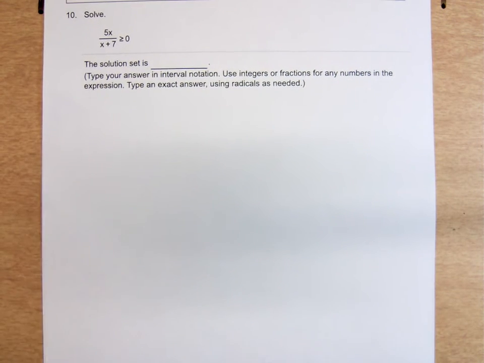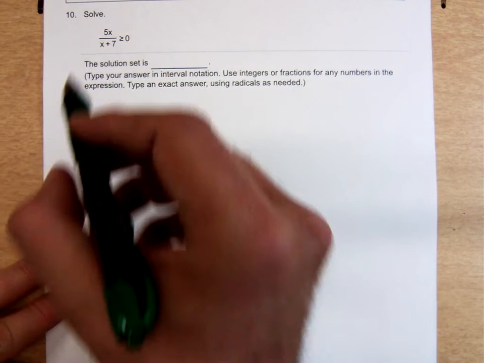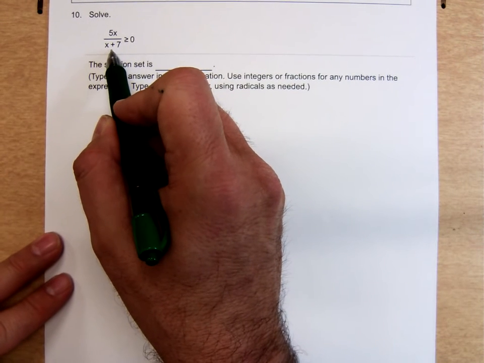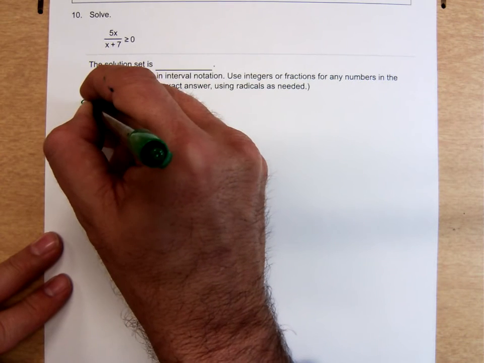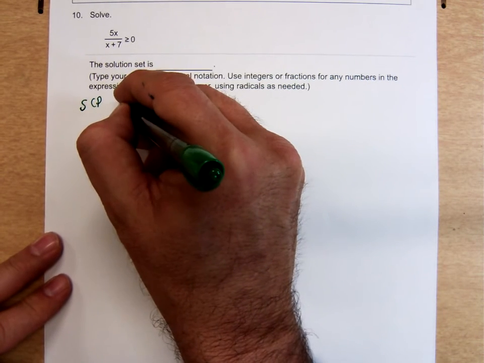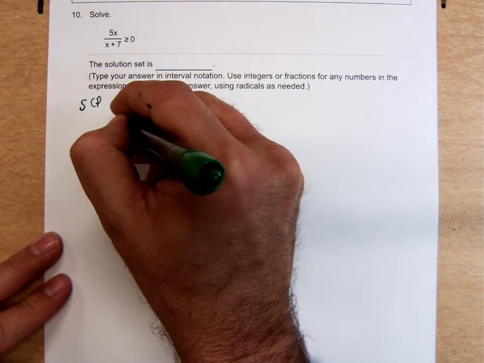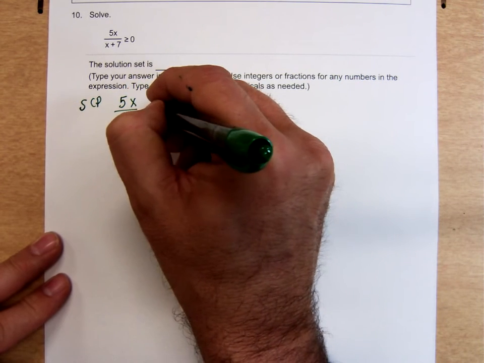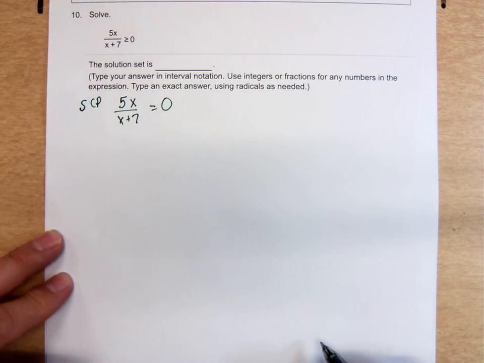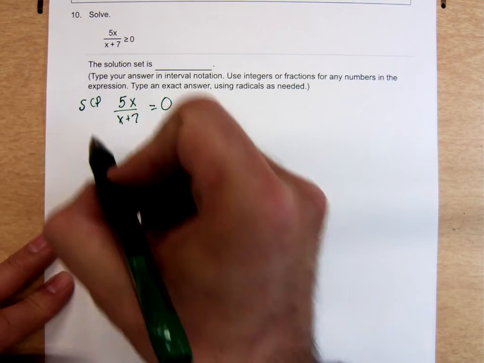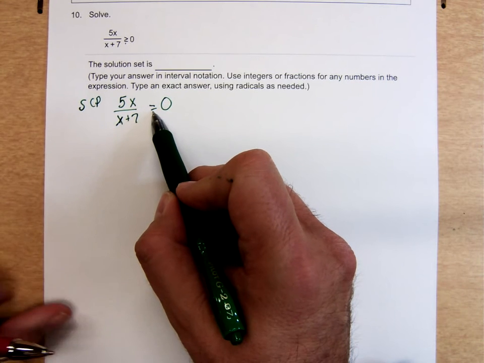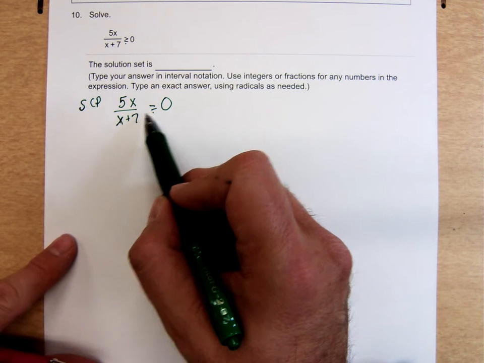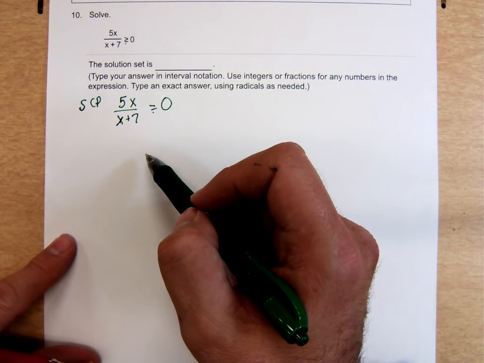Okay. Here's a fraction, so it's going to have both solution cut points and denominator cut points. So I'll start off: 5x over x plus 7 equals 0. With the solution cut points, you replace the inequality symbol with an equals. And this is actually going to solve really quickly. Why?